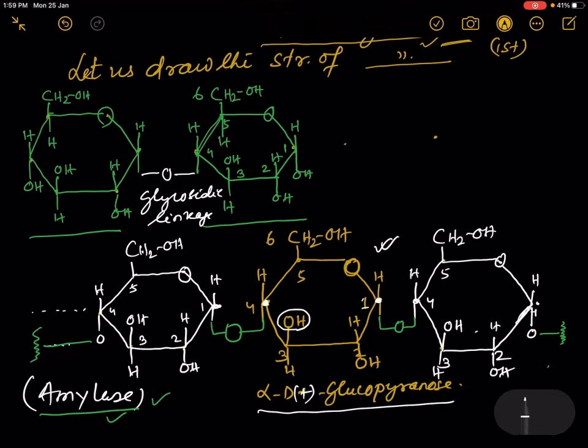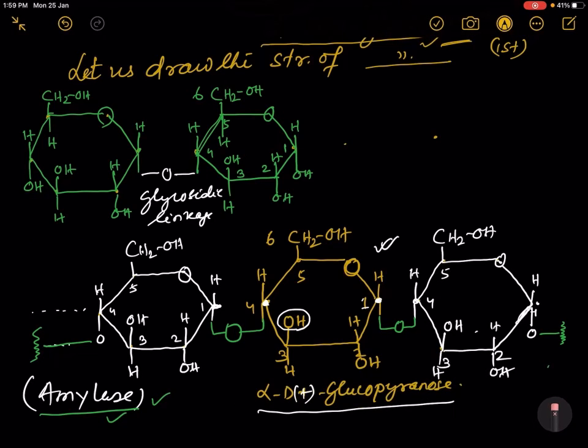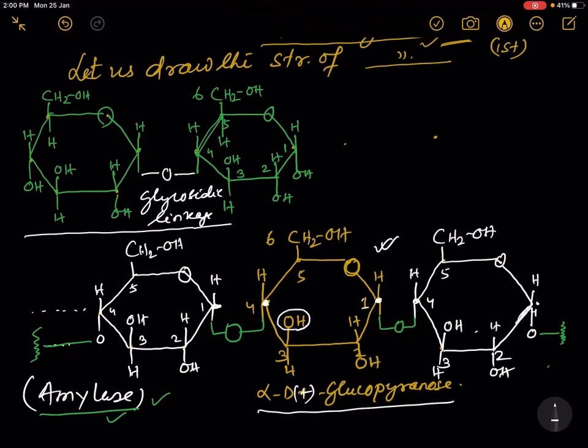Now we have drawn another amylose as a branch chain. Now these two amylose units are joined together by glycosidic linkage between number 1 and number 6 position. You see, this is number 6 and this is number 1 position. Now we have to make a glycosidic linkage between this number 1 carbon and number 6 carbon of another amylose unit.